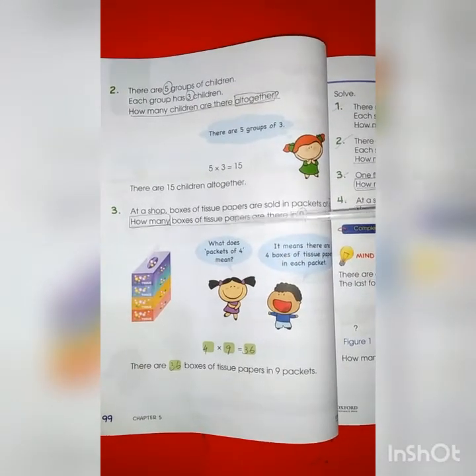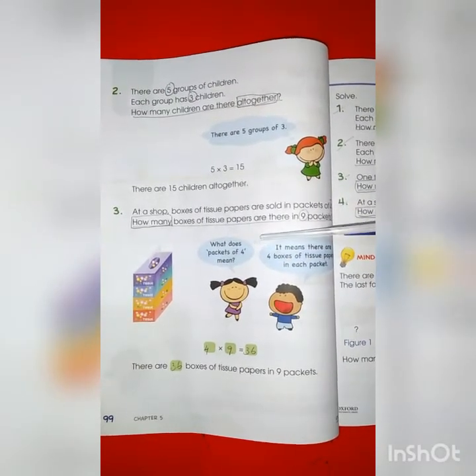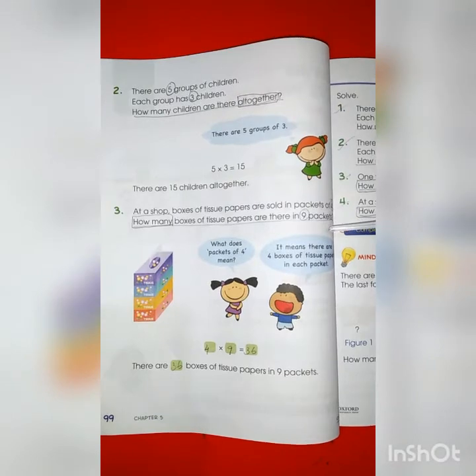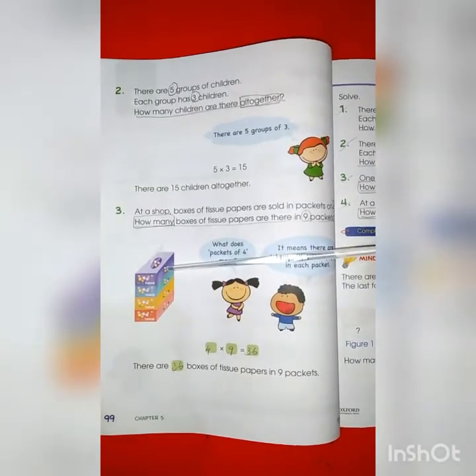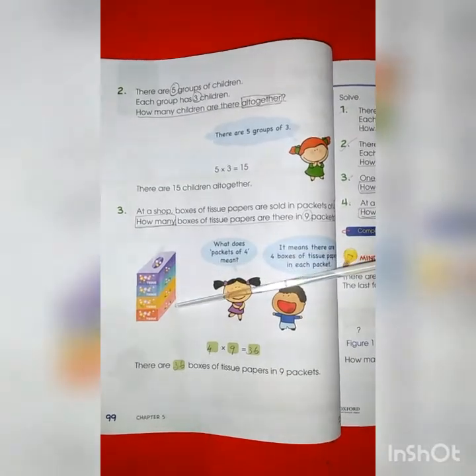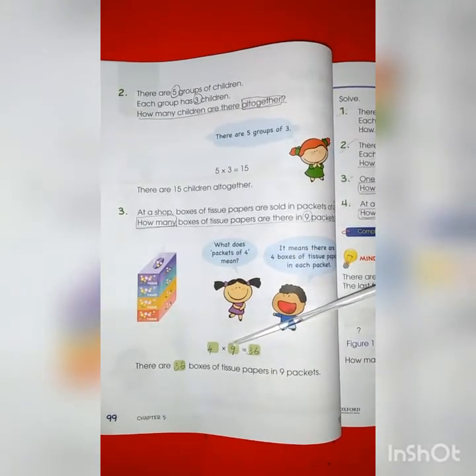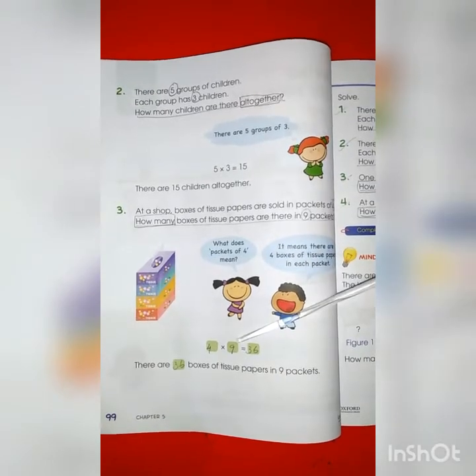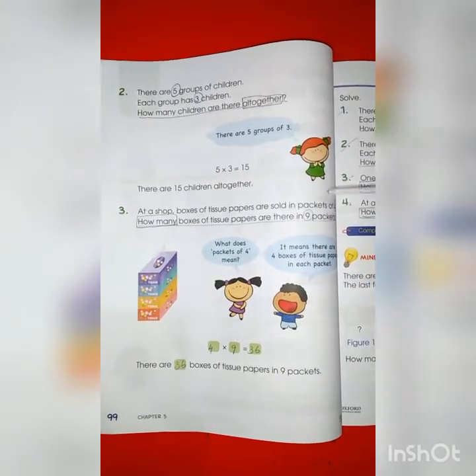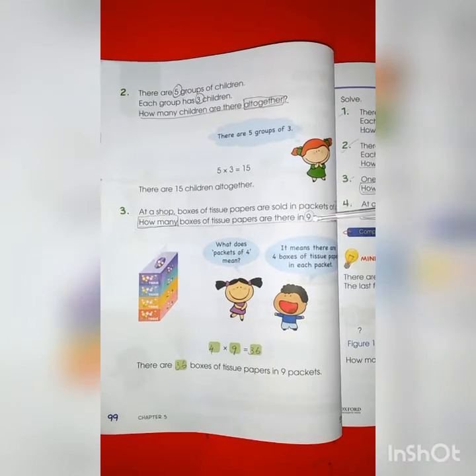Okay, and we have to find how many boxes of tissue papers are there in 9 packets. In each packet we have 4 boxes, so if we have 9 packets, how many boxes are there? First of all, we will circle the numbers 4 and 9.